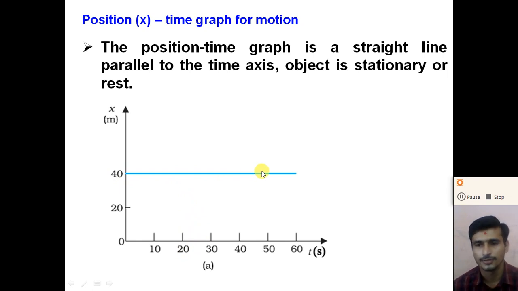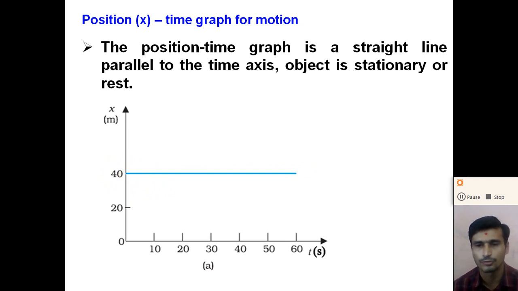If the position time graph is a straight line parallel to the time axis, we can say that the object is stationary or at rest at this position. In this graph, the object is stationary at x equal to 40 meter from the origin.